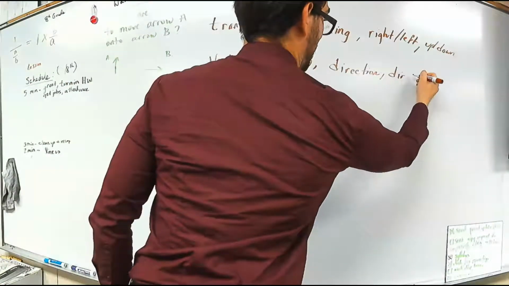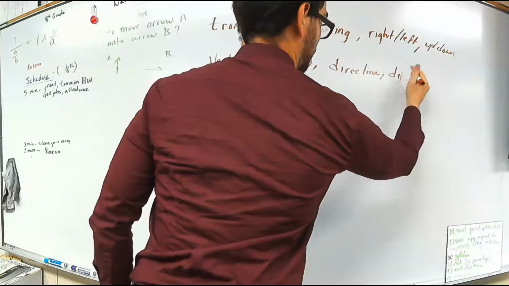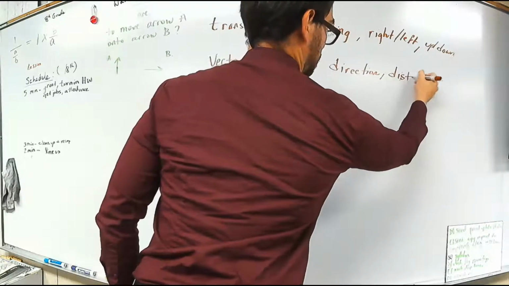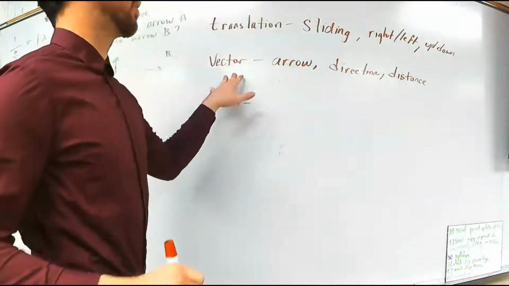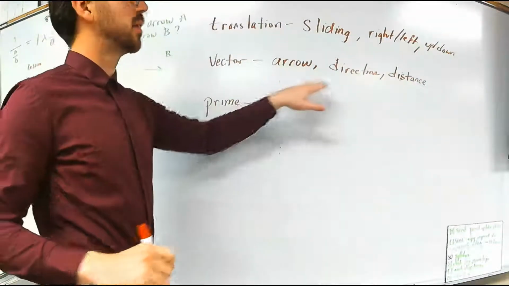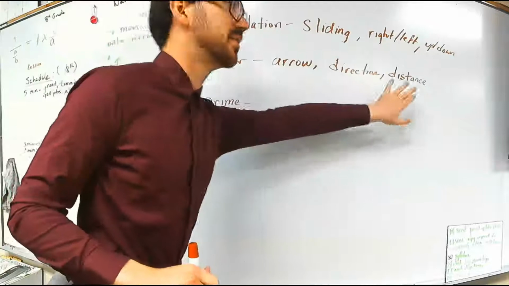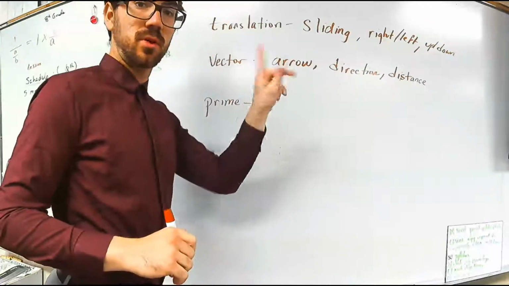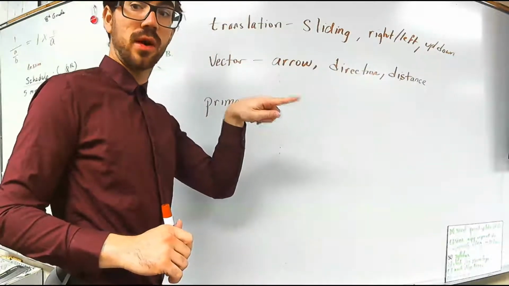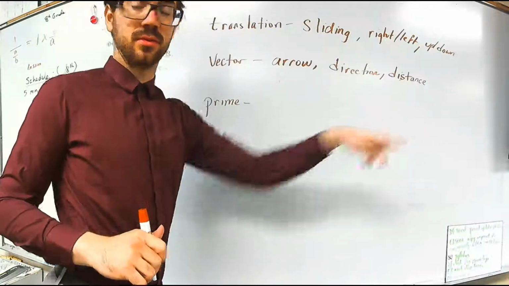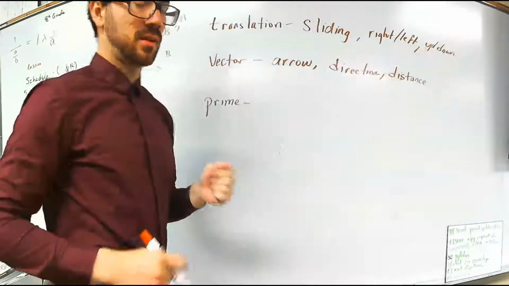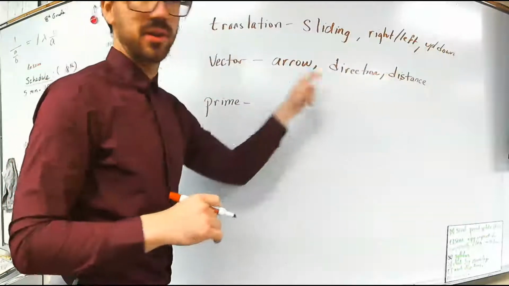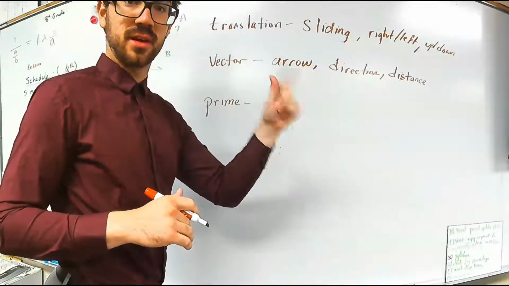How far am I going in that direction? So vector is an arrow that tells me direction and distance. Which direction I'm going and how far am I going in that direction. Am I going 2 meters, 10 inches, 1,000 feet? How far? What's the distance? And the direction. Right, left, up, down.